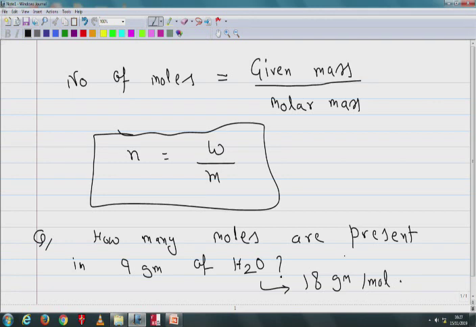Got the answer, guys? Check what mass is given to you in the question. I have given you the molar mass. Just solve that and you will get your answer. Yes, absolutely right.